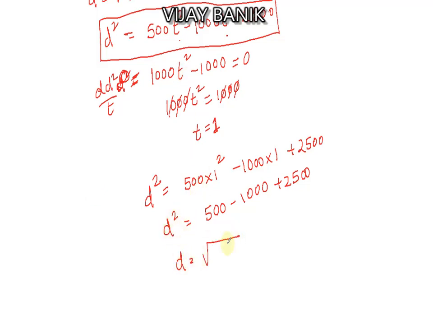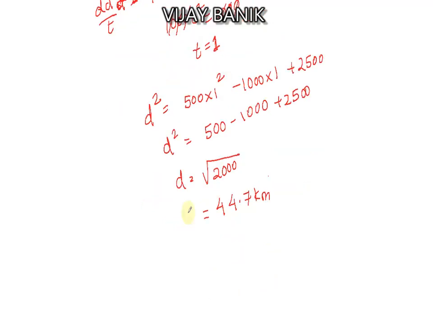So d is equal to root of 2000, which is around 44.7 kilometers.